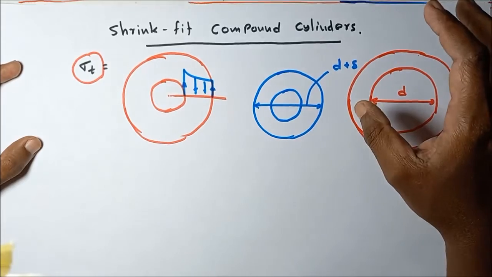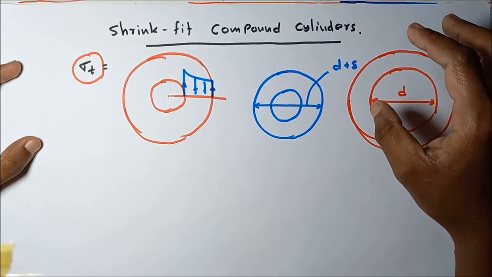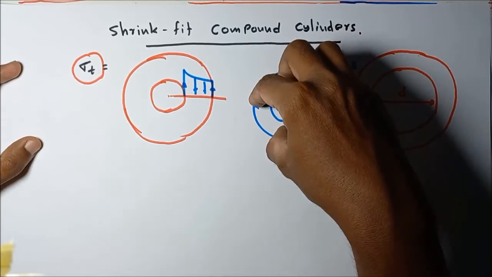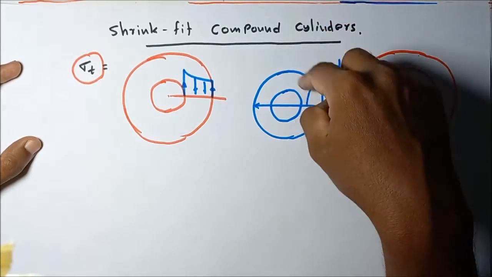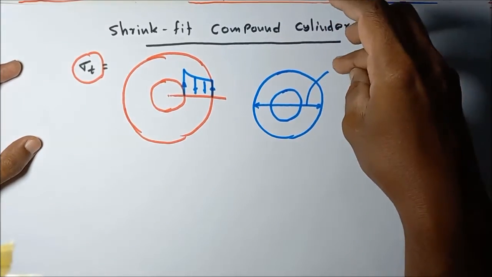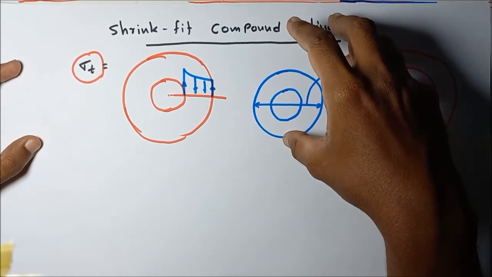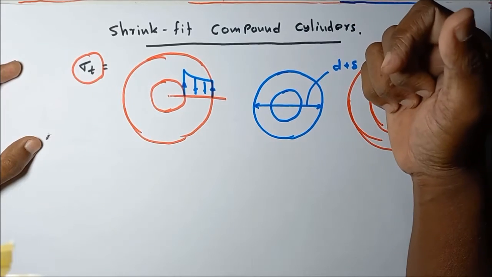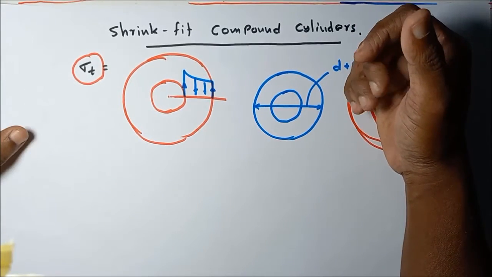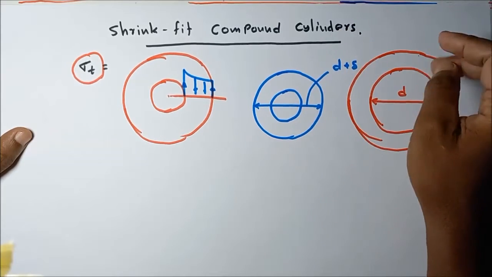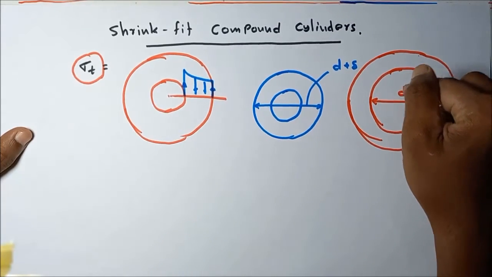So what we are doing in shrink fitting, there are two methods we can use. We can place this internal, smaller diameter cylinder in dry ice. When it is placed in dry ice, what happens? It cools and shrinks, so this diameter shrinks to less than d.